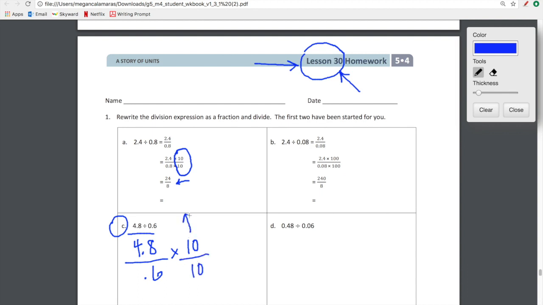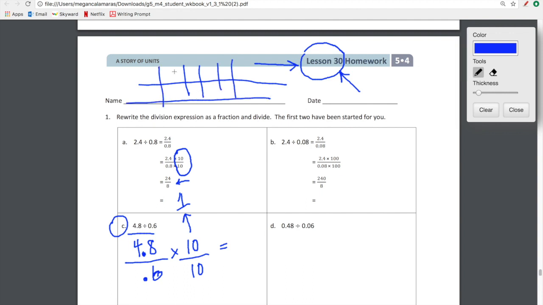You guys know that 10 over 10 is just a fancy version of 1. We multiply any number by 1, it's not changing the value of the number. What we're actually going to be doing is shifting these out of decimals and into whole numbers so that we can work with them a little bit more easily. So when we multiply 4.8 by 10, think about that place value chart that lives in your heart.